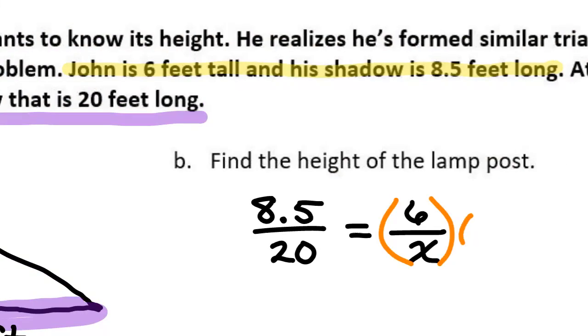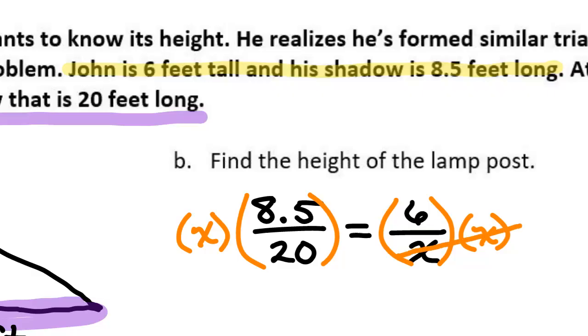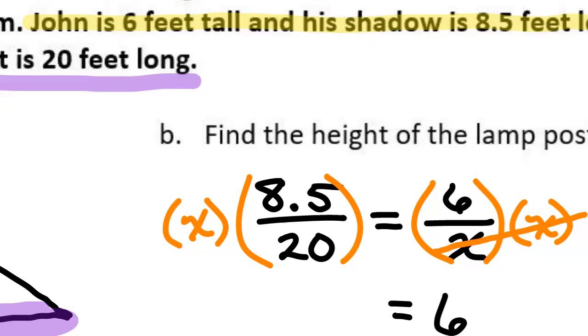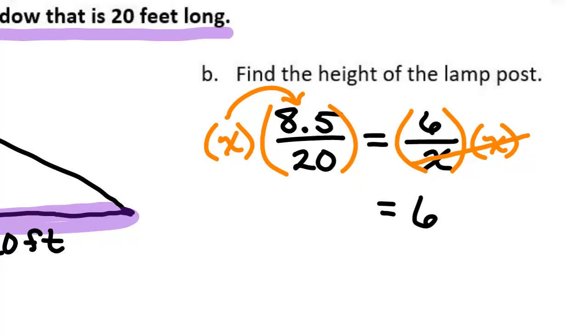Let's start by multiplying by our variable. Multiply both sides by x. Cancels out on the right-hand side. So on the right-hand side, I only have that 6 remaining over there. On the left-hand side, it only multiplies to my numerator. So I would have 8.5x over 20.